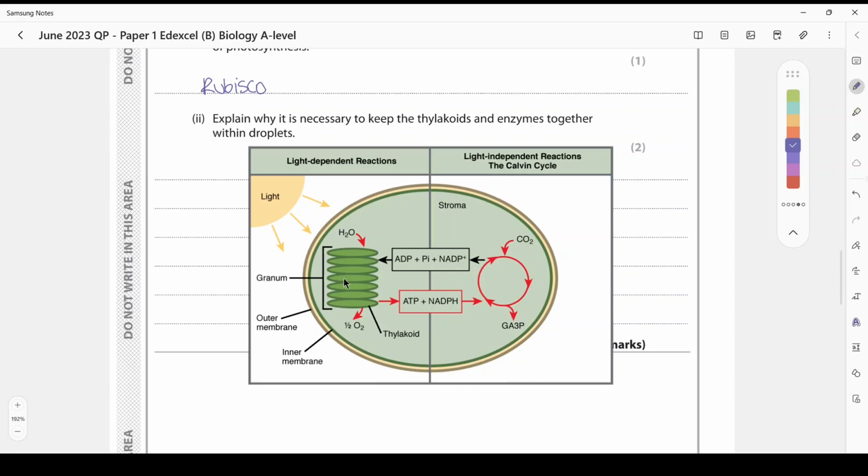So it's important to keep these two close together because the products you see here in red that are used in the light-dependent reaction are used as reactants in the light-independent reaction. And likewise, the products of the light-independent reaction are used as reactants for the light-dependent reaction. So that's why these two need to be kept close together.